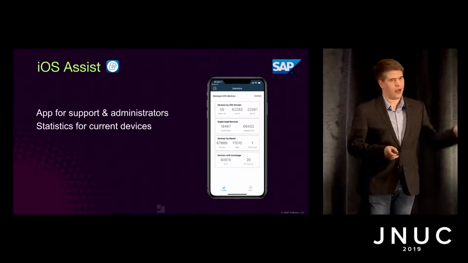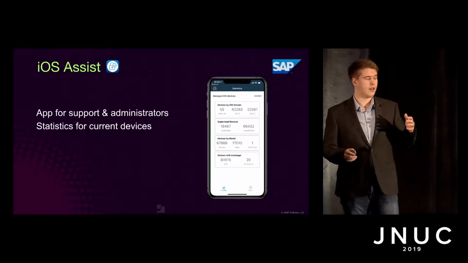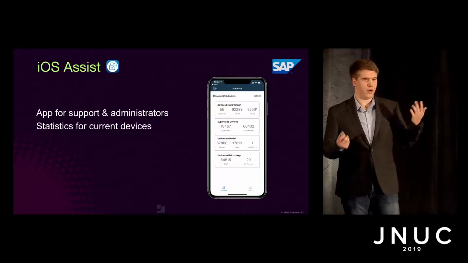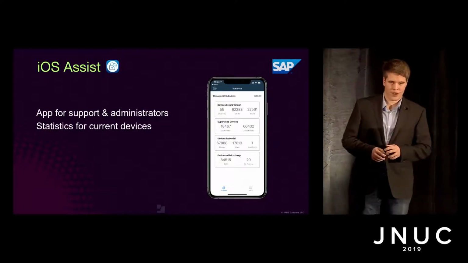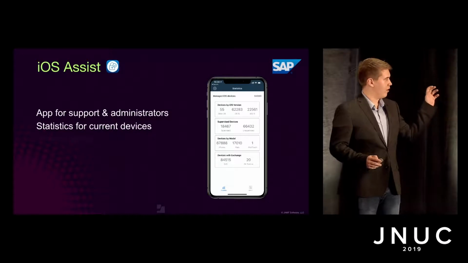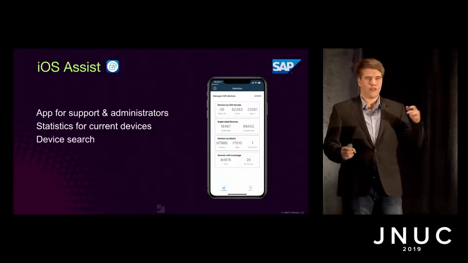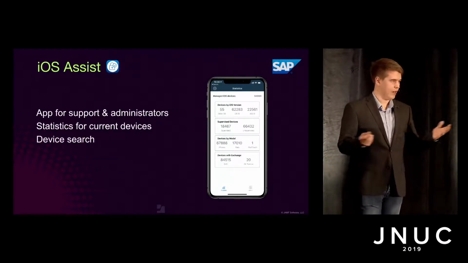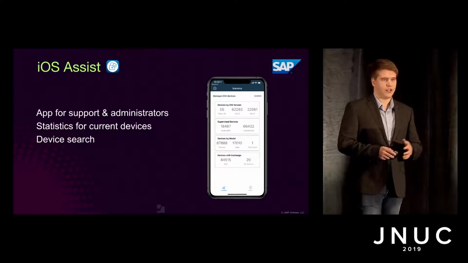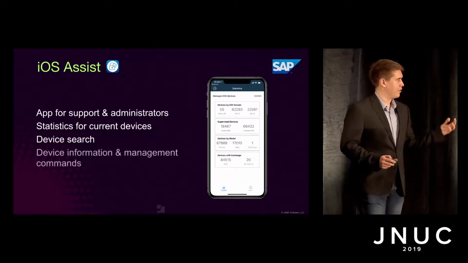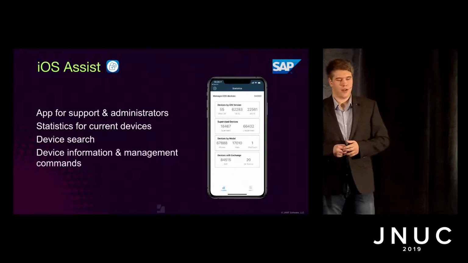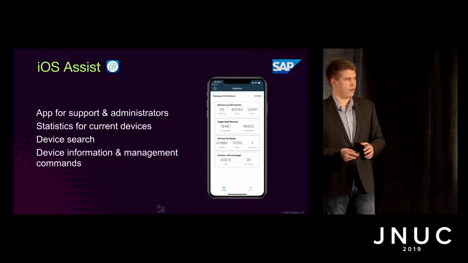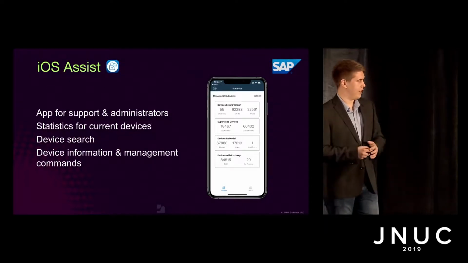And they're also separated by iOS versions. So you can always see how that update rate is going, for example. But we didn't stop there. We also added a device search. So if you have the privilege to access Jamf Pro as a support colleague, for example, you can just search for a device, and you can also see detailed information without the interaction with a laptop or another device.